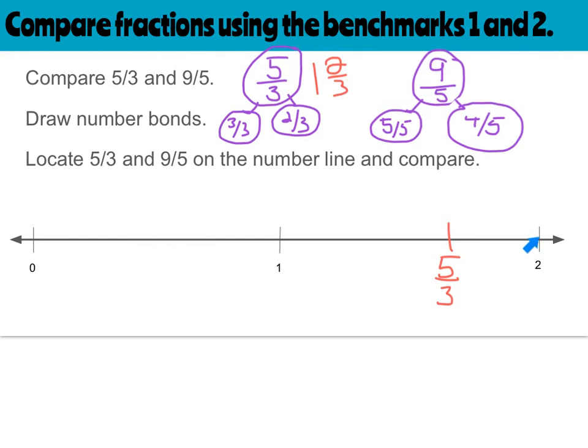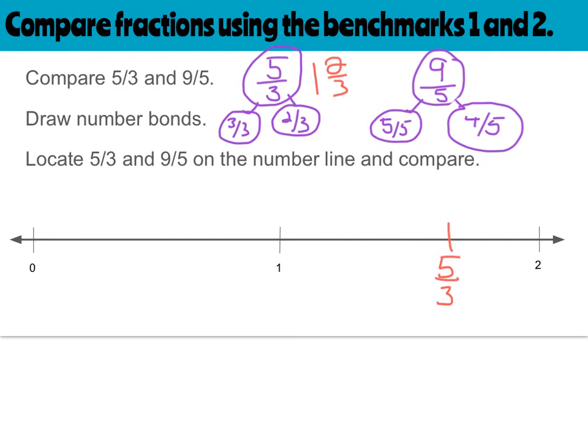So my 4/5 is really just 1/5 behind the 2 whole, because if I had one more fifth-size piece, I would be at the next whole number. So I need to go back 1/5. Now my question is, is it going to land on this side of 5/3, or on this side of 5/3? So I have to use some number sense about my fractions.